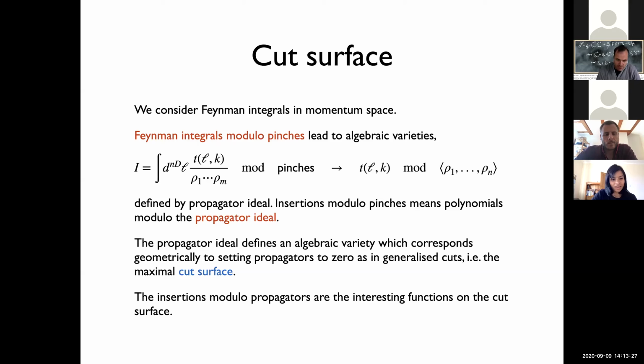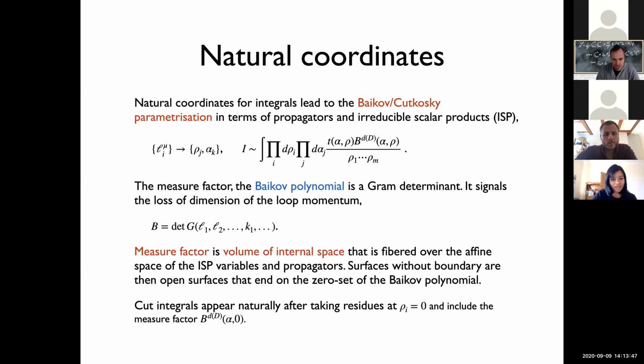Okay, so the natural functions to discuss on these surfaces are then given by polynomials modulo propagators, and these are then simply the function rings that one gets by quotienting polynomials by propagators. Okay, so there is a particular set of coordinates that's useful when discussing these cut surfaces, and these are the well-known Baikov coordinates, or maybe Catkowski coordinates.